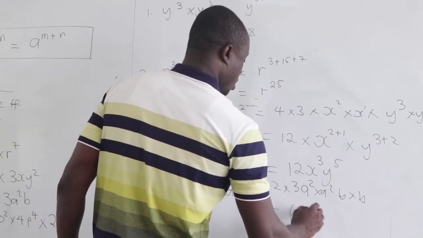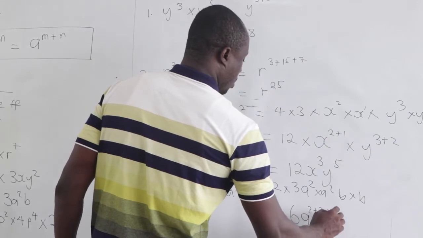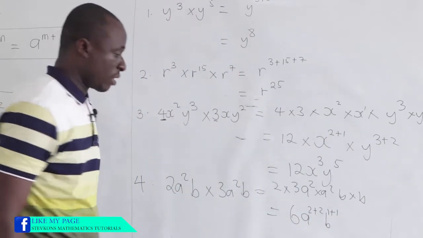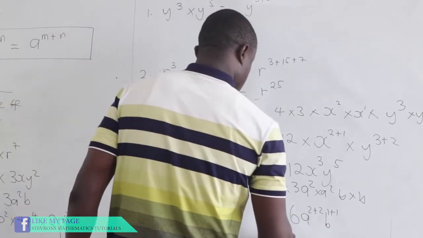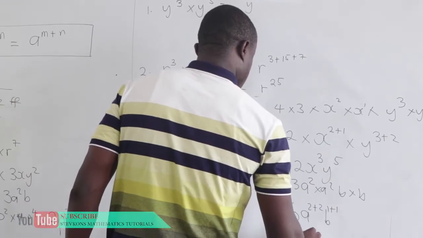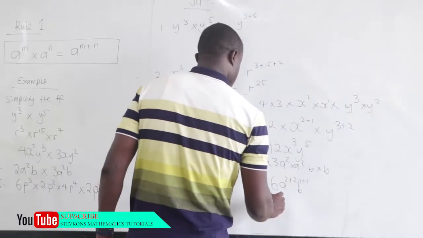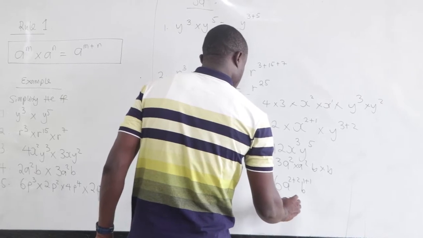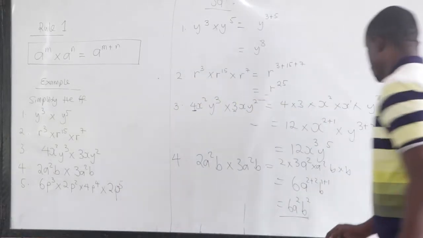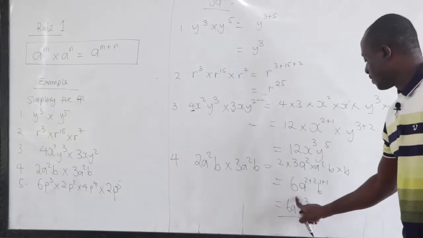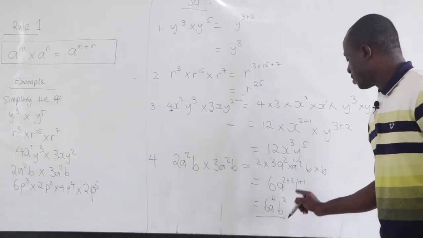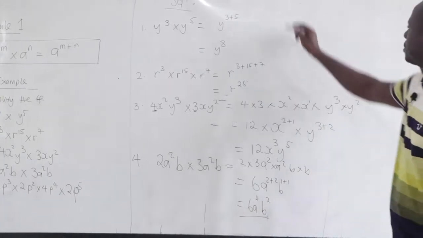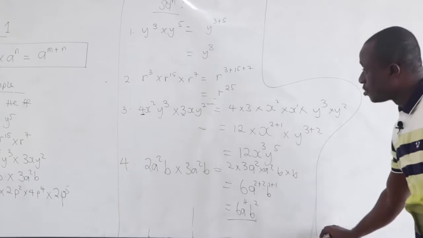Then here that will be a to the power 2 plus 2, b to the power 1 plus 1. Now 2 plus 2 is 4, so you have 6a to the power 4, and then b to the power 2, because 1 plus 1 is equal to 2.